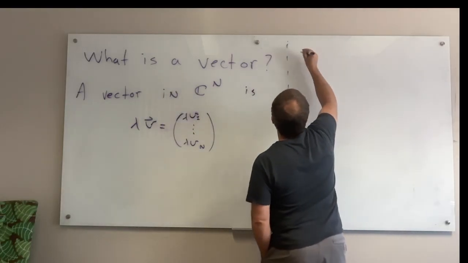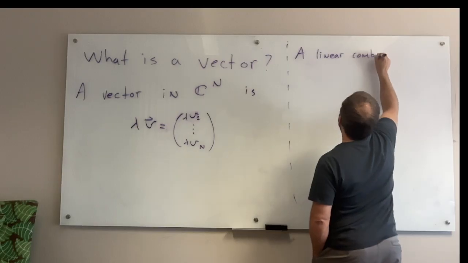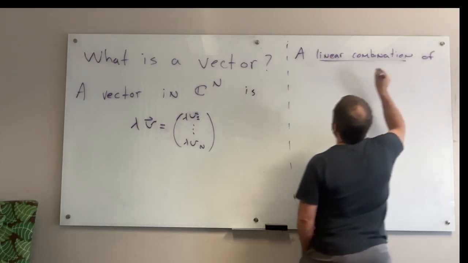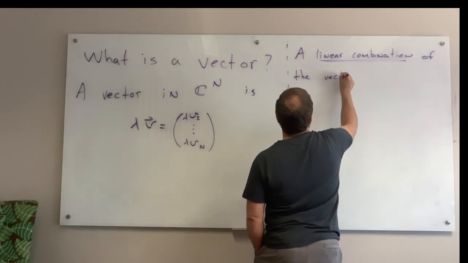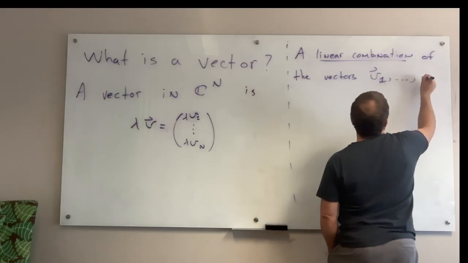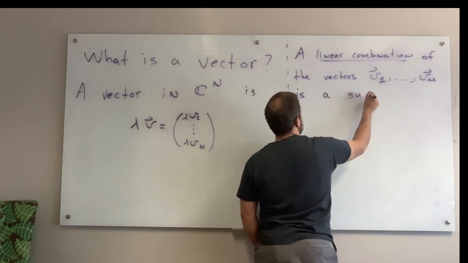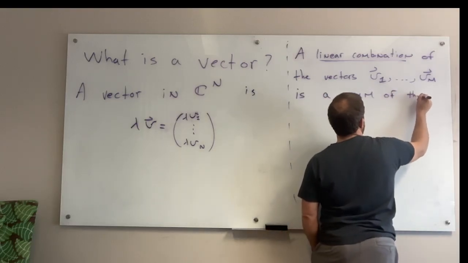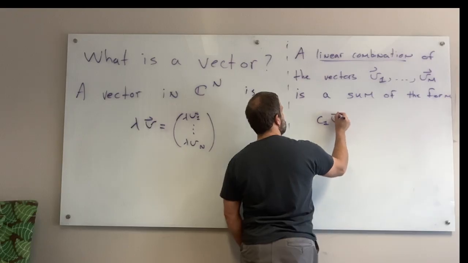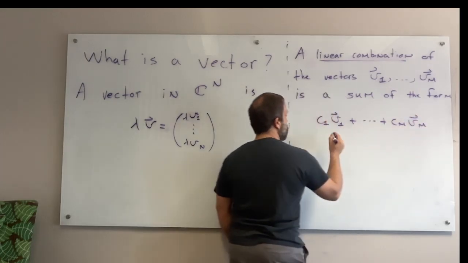Okay, so a linear combination of the vectors v1 through Vm is a sum of the form C1 times V1 plus ... plus Cm times Vm, where the C's are scalars.